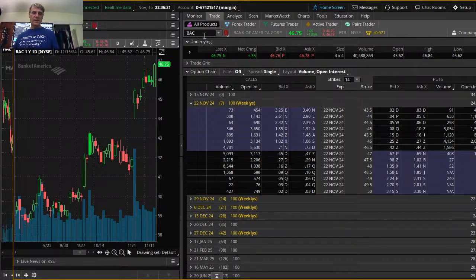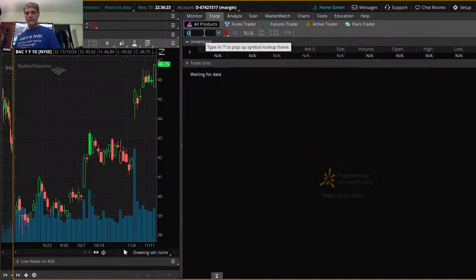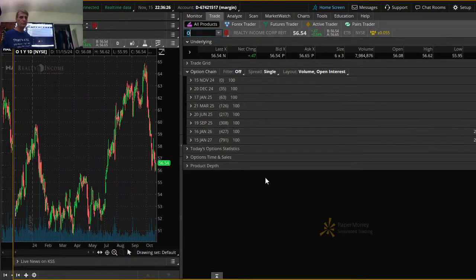Now, a company such as this has November, December, January, March, June, September: monthlies. That means you can only do a stock option trade on this company once per month.